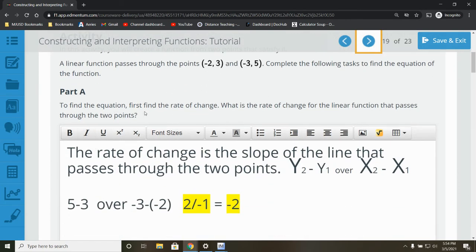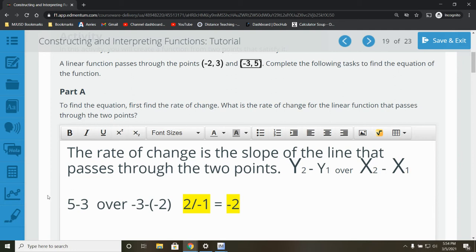To find the equation, first find the rate of change. What is the rate of change for the linear function that passes through the 2 points? Given these 2 points, -2, 3 and -3, 5, we can find the slope, or the rate of change. Remember, y2 minus y1 over x2 minus x1.